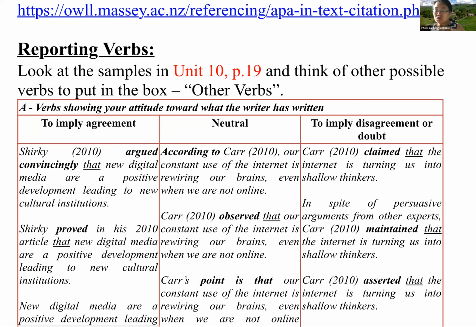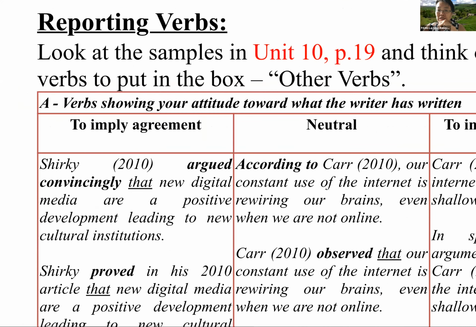Whenever you like to use quotations, you must use some introductory phrases. What are introductory phrases? Such as the first one you can see, "Shaki argued convincingly that..." So "Shaki argued convincingly" is what we call the introductory phrase to the quotation or paraphrase.